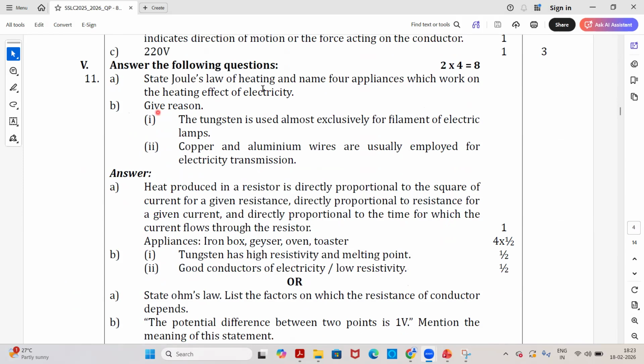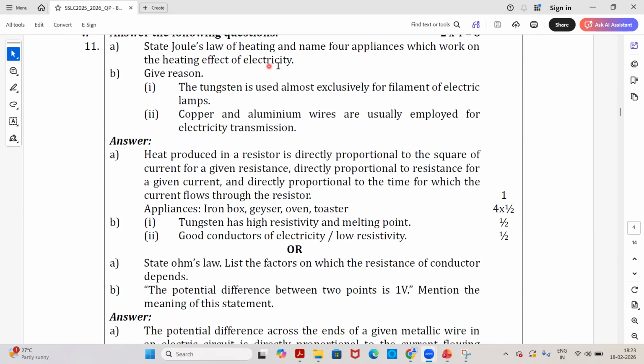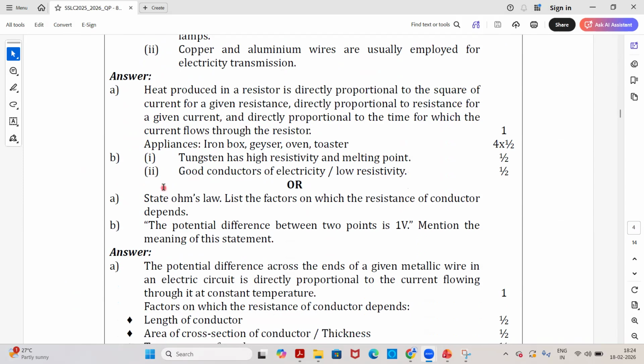State Joule's law of heating and name 4 appliances which work on the heating effect of electricity. Then question B, give reason. The tungsten is used almost exclusively for filament of electric lamps, and copper and aluminum wires are usually employed for electricity transmission. So answer for A, answer for B1 and B2 is given here.